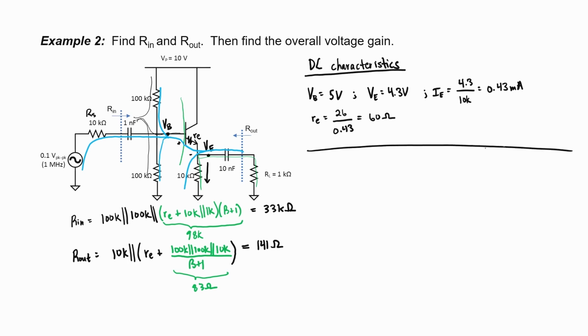Let's go ahead and find an expression for the overall voltage gain. Our expression for the voltage gain is going to have three sections here. We first have a voltage divider at the input side. We then have a gain section, which is just one since it's a common collector amplifier, and then an output section.